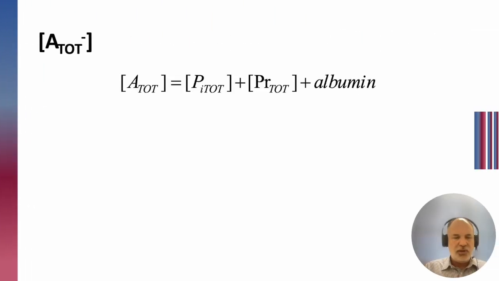And then last of all is just to say a little bit about ATOT. So this is the total amount of weak non-volatile acid. Obviously, when we consider acids in this context, CO2, which is the biggest contributor, is volatile acid. We can breathe it out. And non-volatile acid really includes proteins and phosphate.